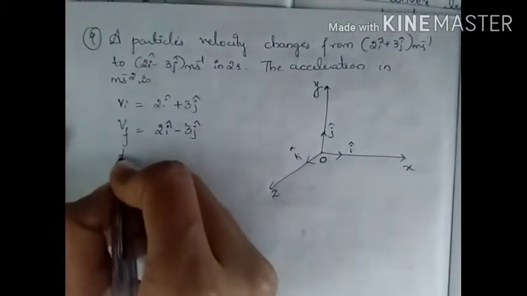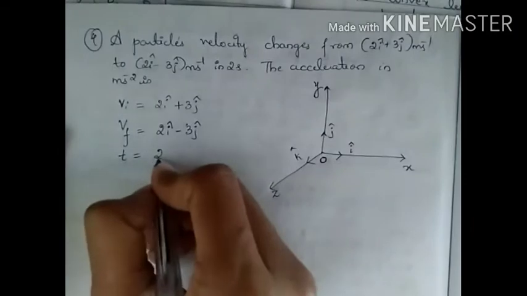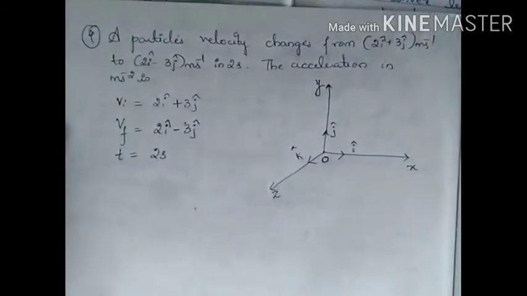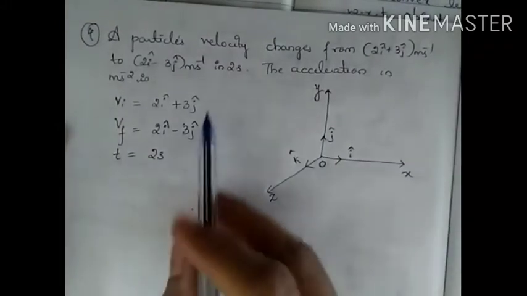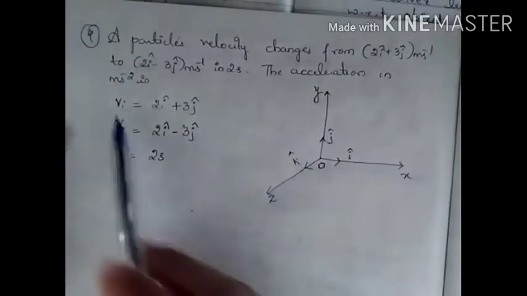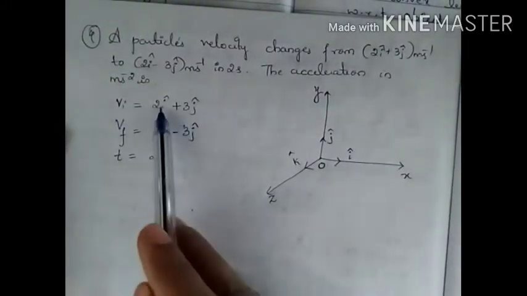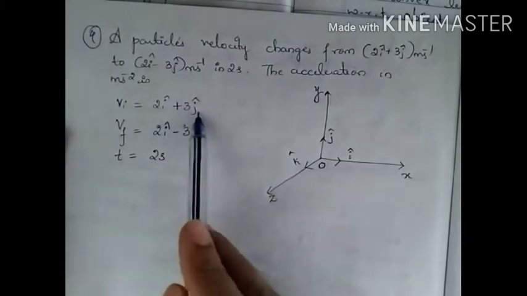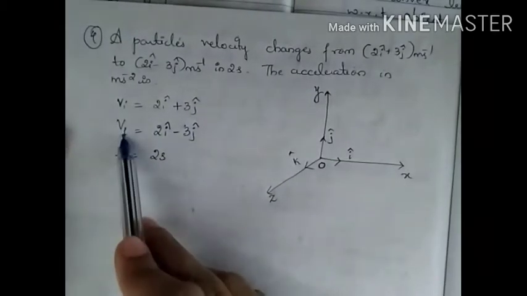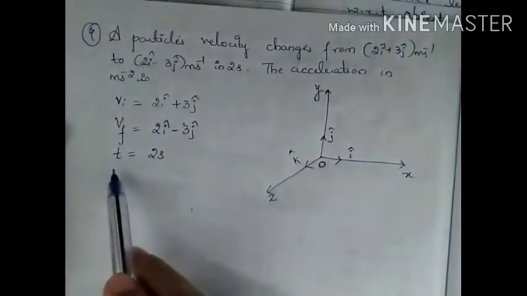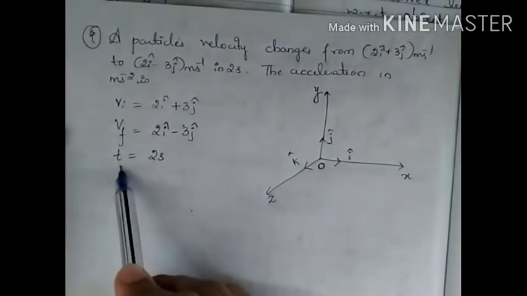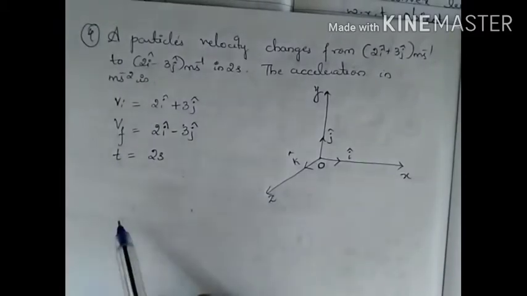So time is also given, so time is 2 seconds. So this is the data which the question gives us. So we know initial velocity as 2i cap plus 3j cap, final velocity as 2i cap minus 3j cap, and the time interval in which the velocity of the particle changes is 2 seconds.